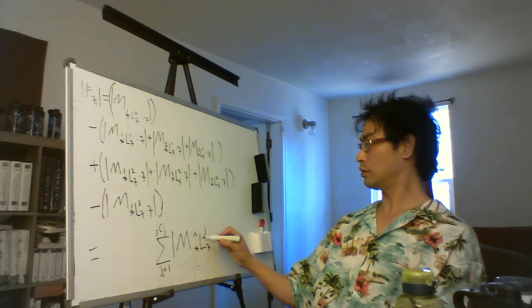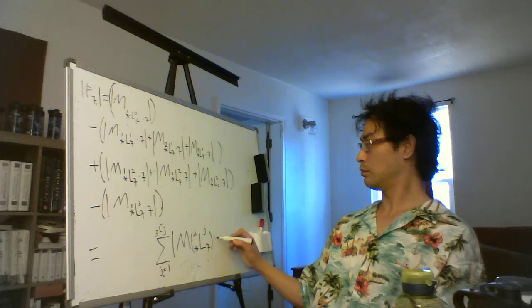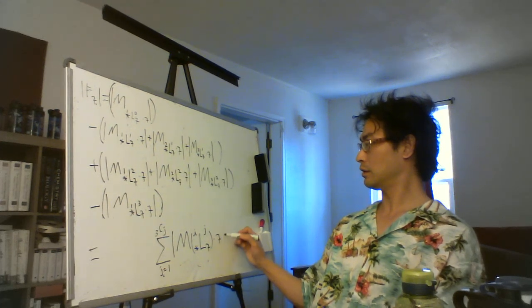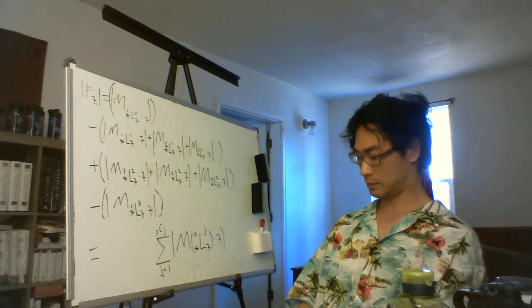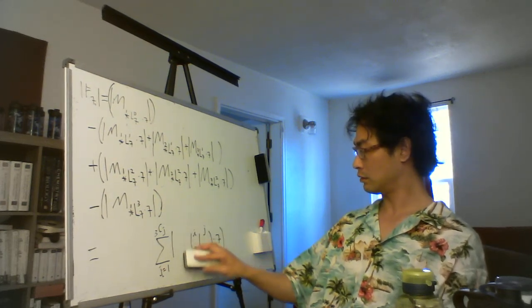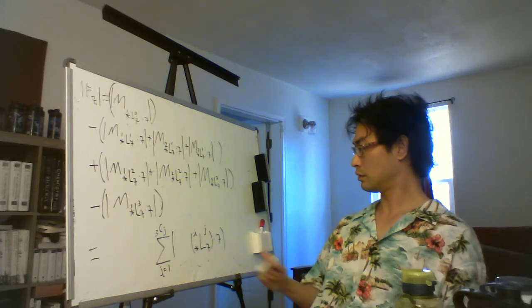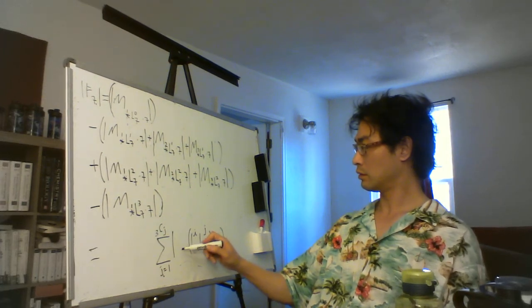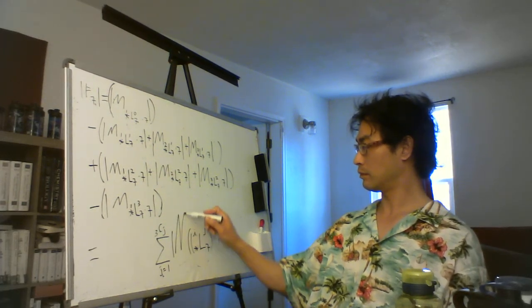And this whole thing multiplied by 7. So I guess I should write M bigger. Of M.